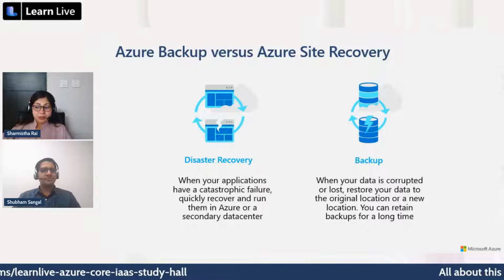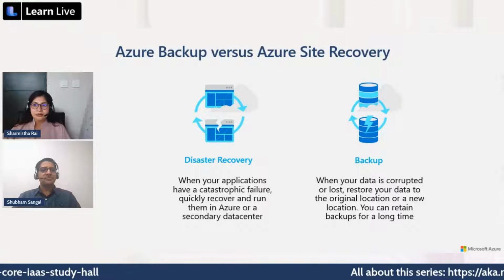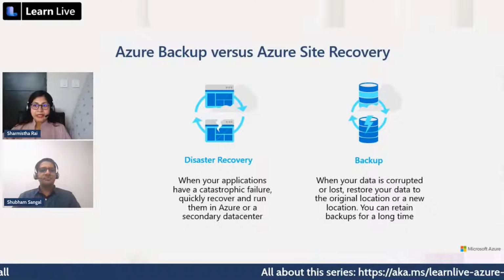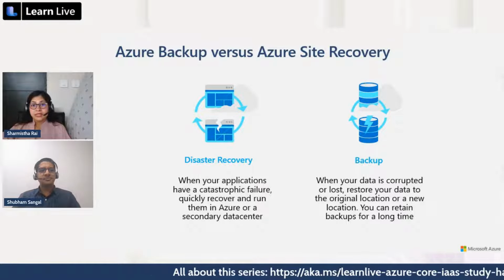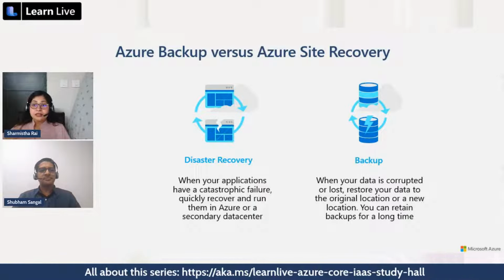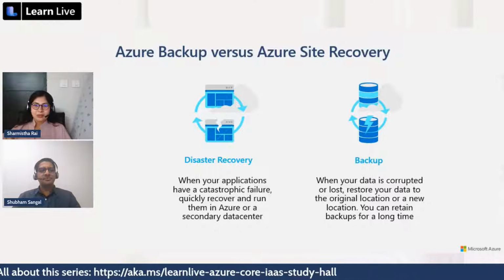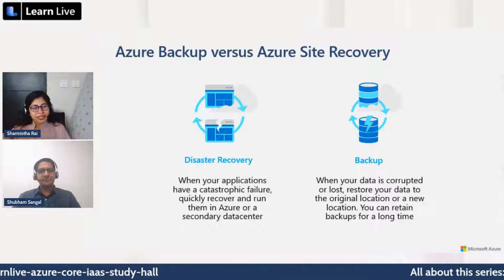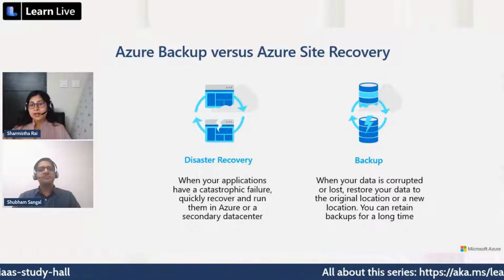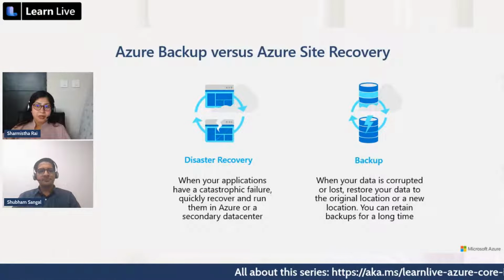So your maximum data loss could be 24 hours. And because the data is humongous, it's just kept somewhere, the recovery time also increases with backup. In disaster recovery, the snapshots are being taken very frequently, and that's why it's easier to have those machines up and running in a short amount of time.